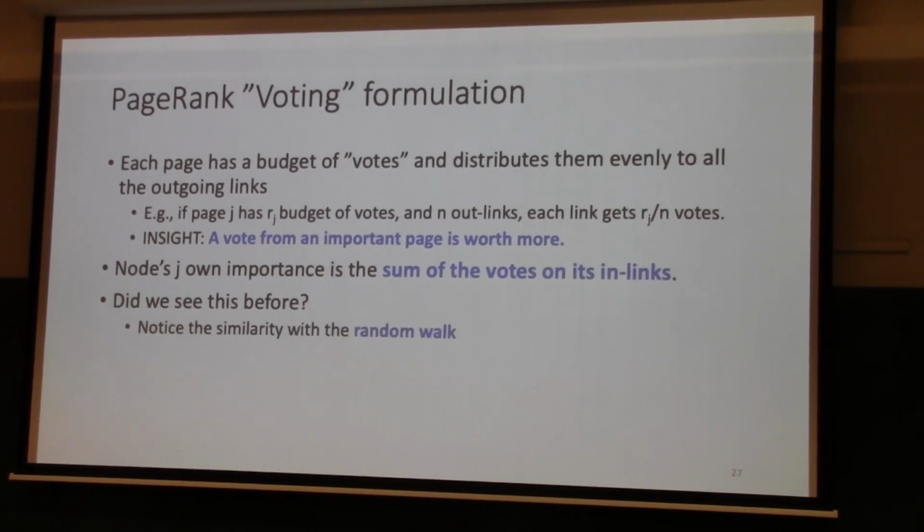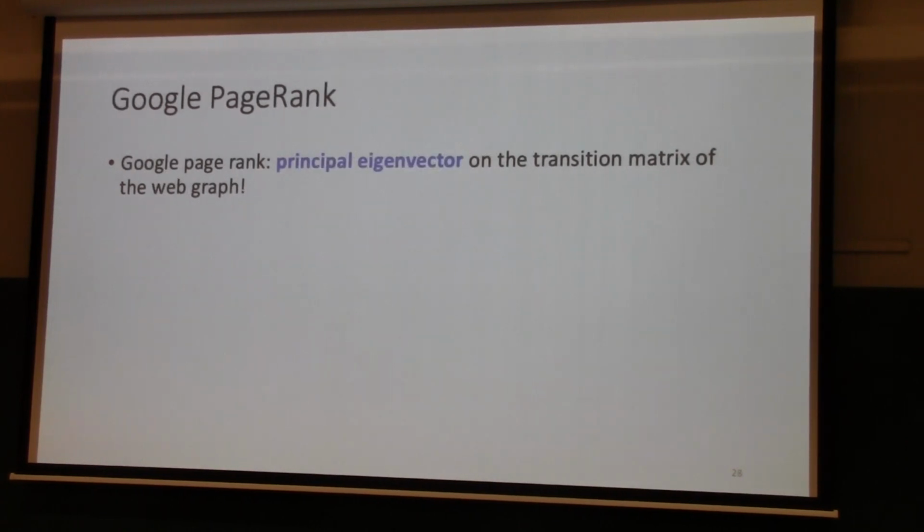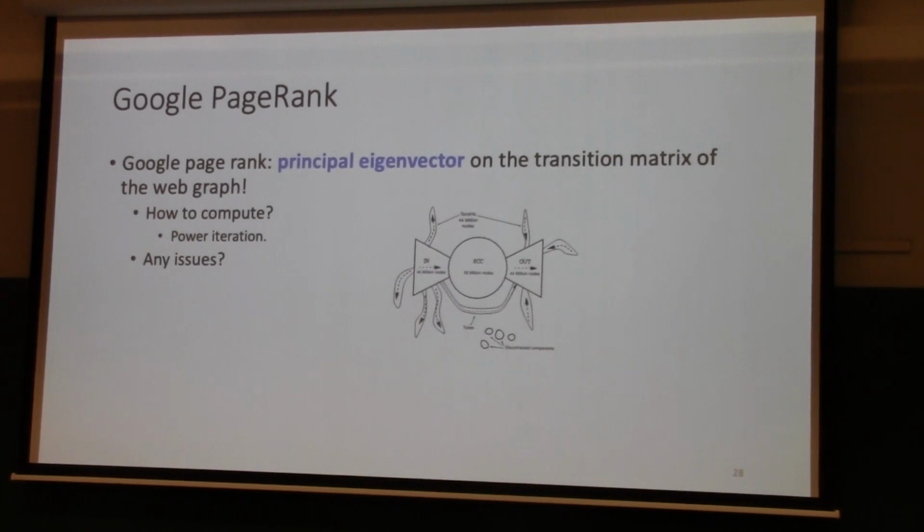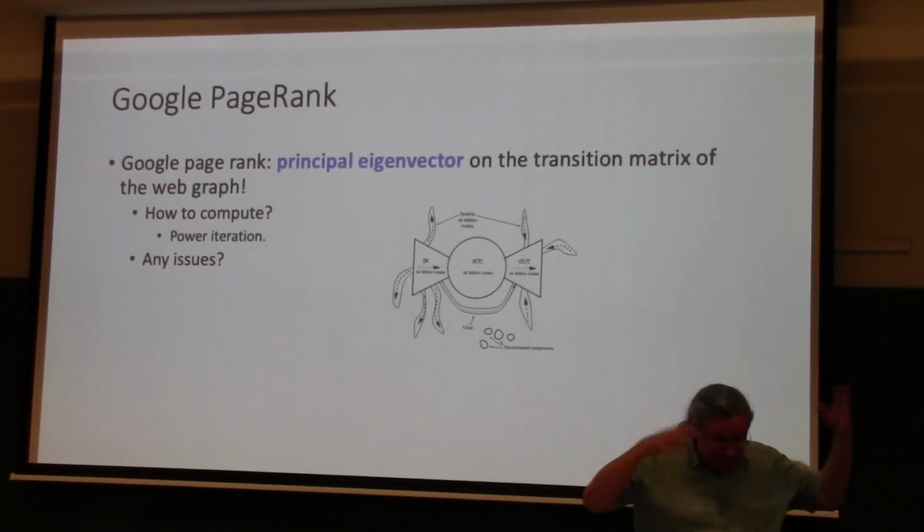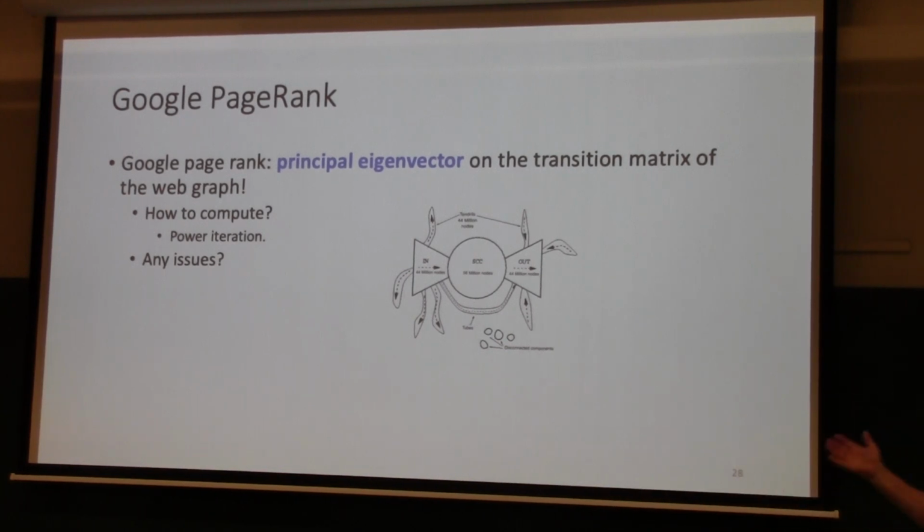This is actually very similar to a random walk. So we can say that Google PageRank is the principal eigenvector of the transition matrix of the web graph. So you have the web graph, which is huge, billions of links, so the matrices are very big.